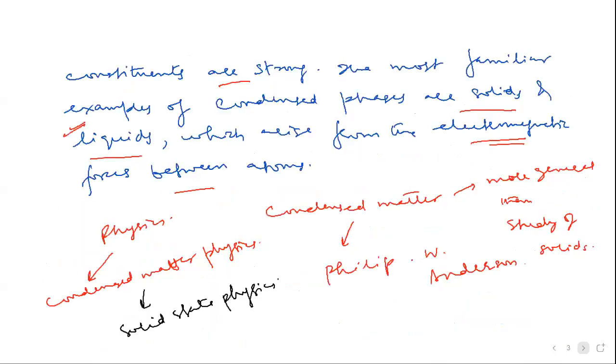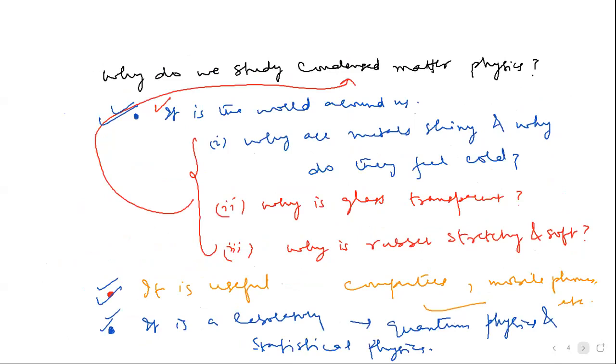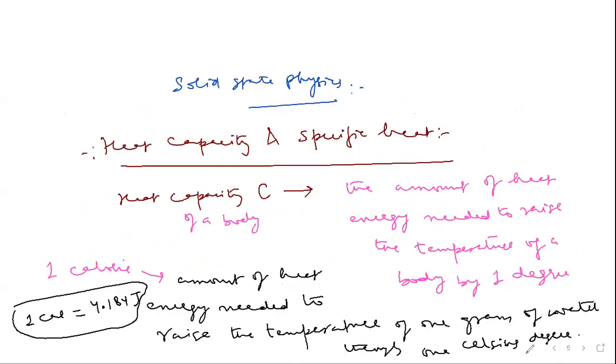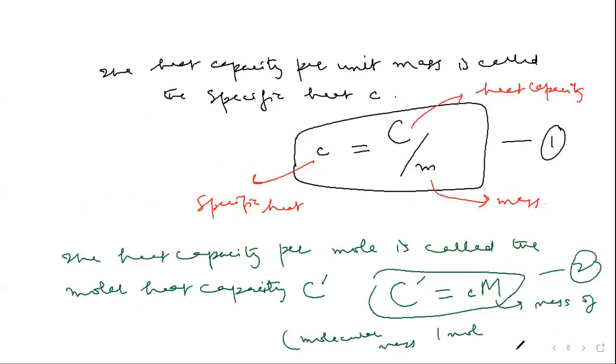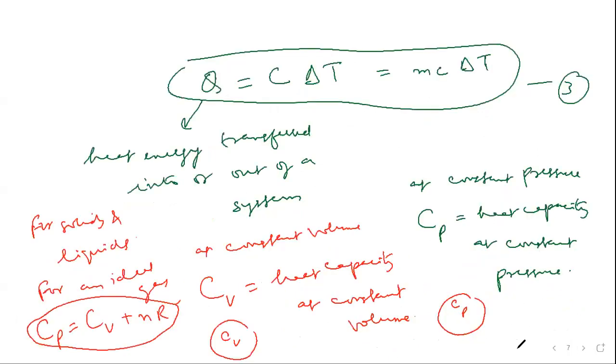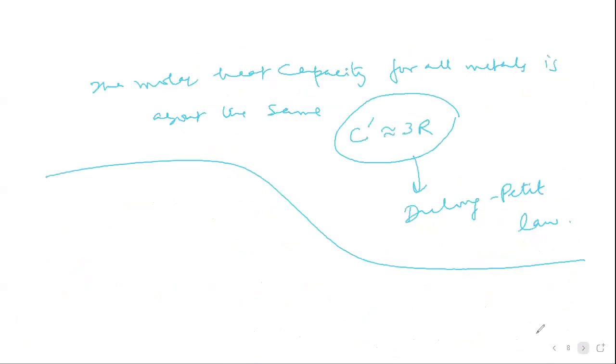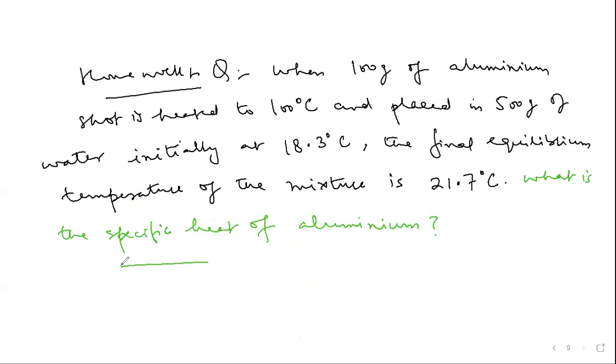Then we gave some reasons to study condensed matter physics, and we defined certain quantities like heat capacity, specific heat, calorie. We talked about molar heat capacity, talked about this equation, Q is equal to mc delta T. We differentiated two kinds of heat capacities, heat capacity at constant pressure and heat capacity at constant volume. We talked about Dulong-Pettit law, and I gave you this simple homework.